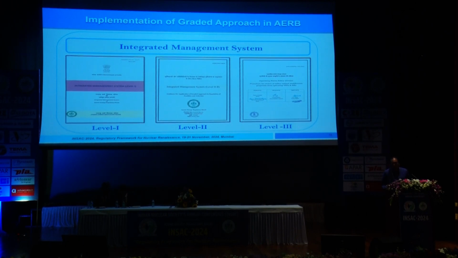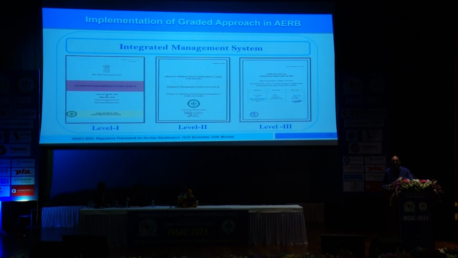Level 2 is the document which was developed by our team in AERB. This document defines everything, right from the exclusion, exemption and clearance principle, where controls need to be applied and where they need not be applied.